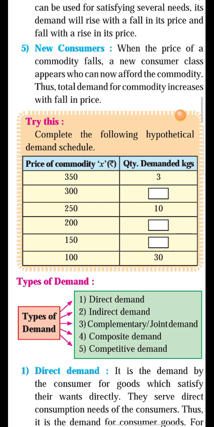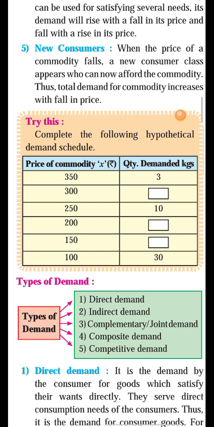After 7, 10 is already given. As price decreases, demand increases from 10 kg to 15 kg. So in the second box you can write 15 kg, because it is a hypothetical table. You can write any number, but make sure you write the demand in an increasing form, because the price is given in a decreasing form.